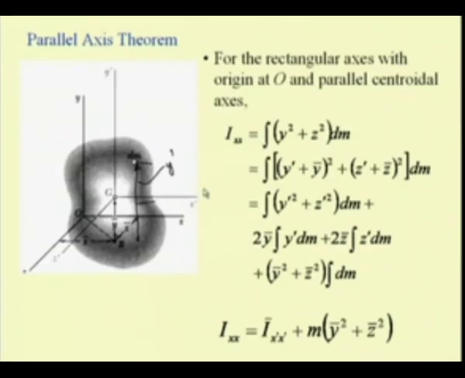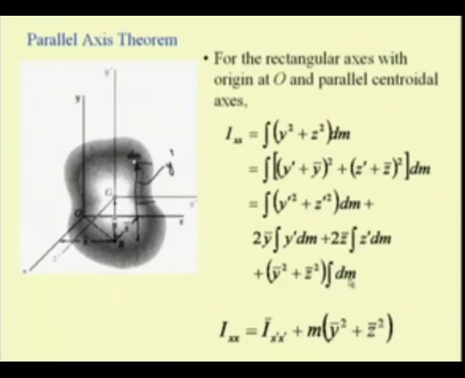So, we write it as I bar. This notation helps us to know that this is a second moment of the mass with respect to a centroidal axis. So, this x prime axis is passing through the centroid. So, we have this quantity as I bar x prime plus, what is this quantity?